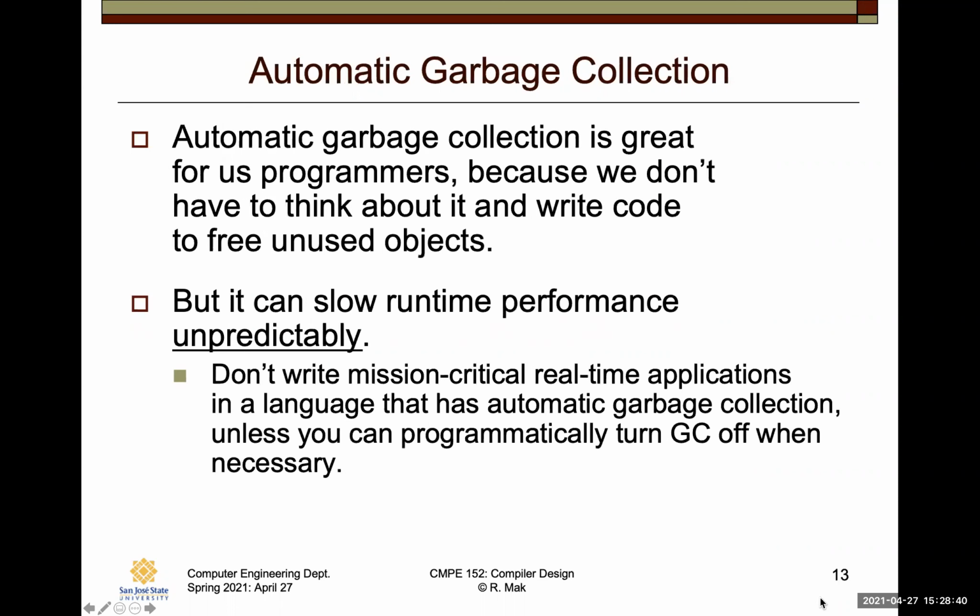Okay? All right. Now, the whole idea of automatic garbage collection is great for programmers, right? As I said, in Java, you call new to allocate new objects, but then when you no longer need that object, and perhaps the pointer that was pointing to it is pointing at something else, and there are no longer any pointers pointing at that object, the garbage collector comes in and automatically gets rid of that object, okay?